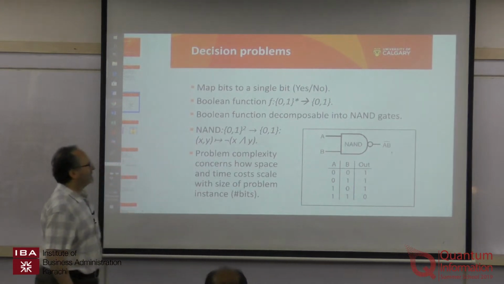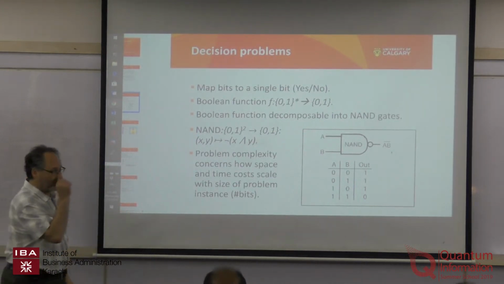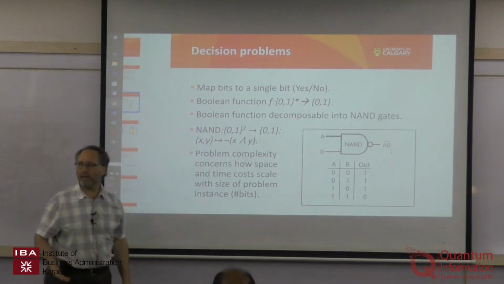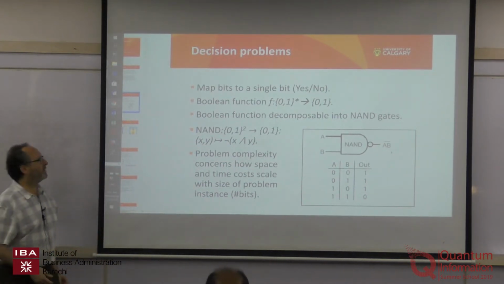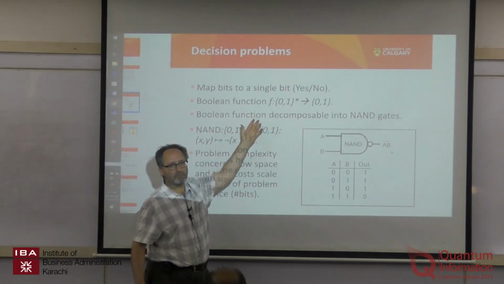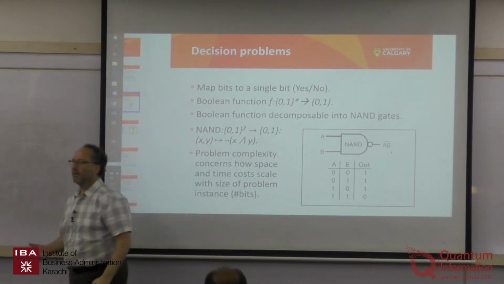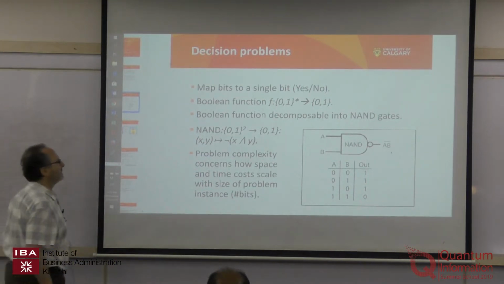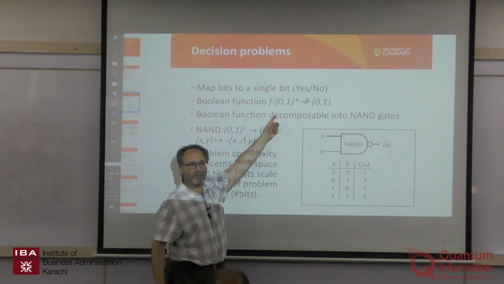That's a Boolean function. So decision problems turn into Boolean functions. Once we recognize that, we're able to take the Boolean function and decompose it. One important aspect of computation is that the program in a decision problem is simply a Boolean function.